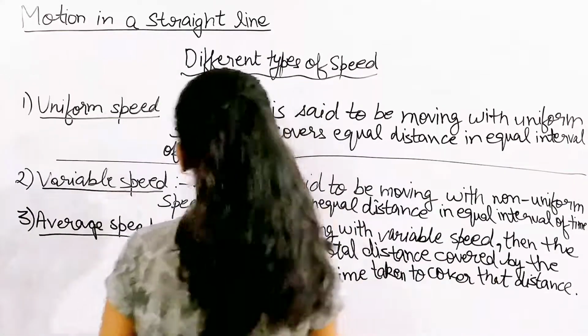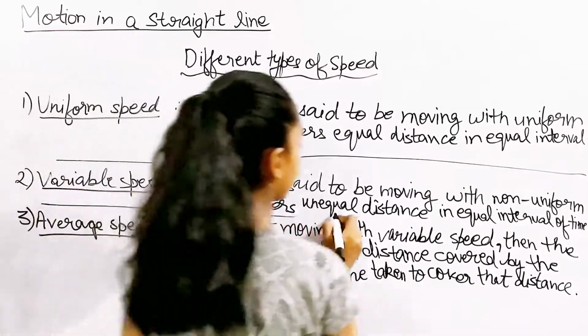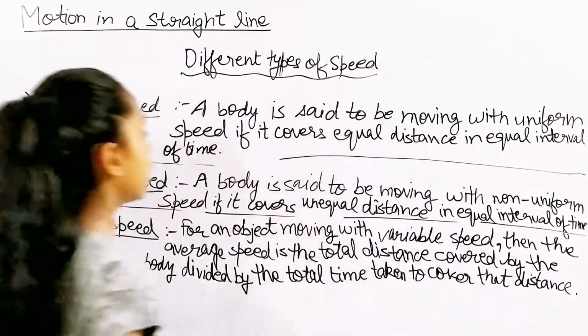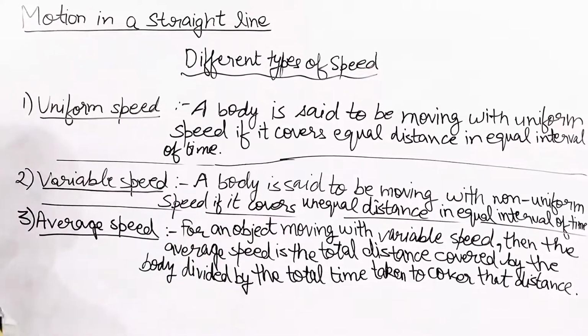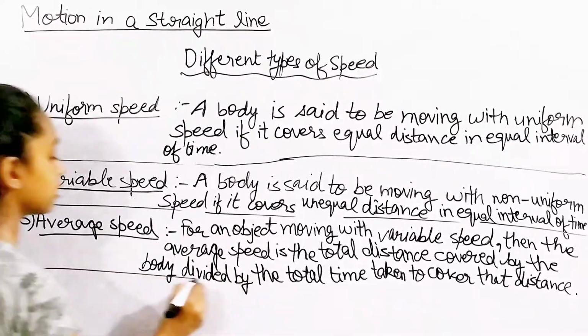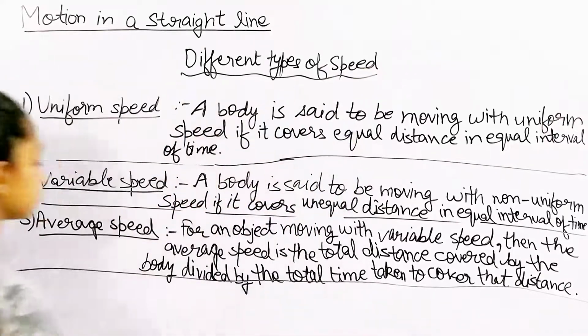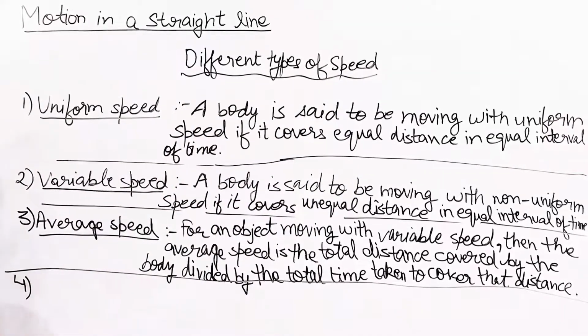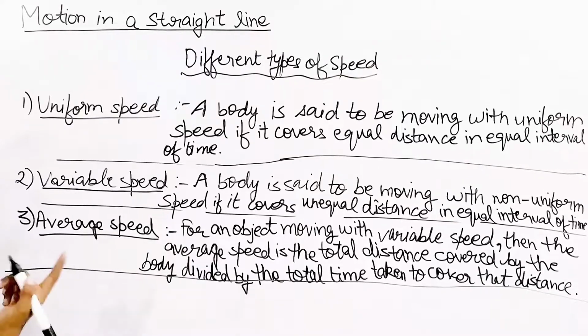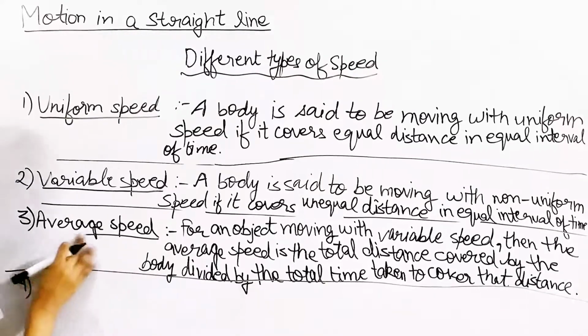So here we have... I don't think there was any, but still added it. Okay, the fourth one, which is going to be instantaneous. Oh, wait a second. Let me change it.